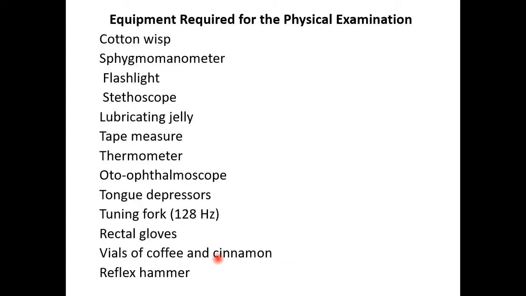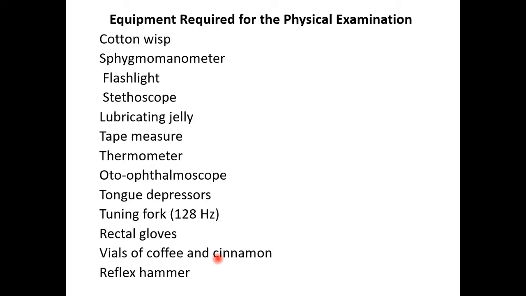You need some equipment, as I mentioned before. You need a cotton swab, a sphygmomanometer to measure the blood pressure, a flashlight for doing a light reflex, stethoscope, lubricating jelly, tape measure, thermometer, auto-ophthalmoscope, tongue depressor, tuning fork, rectal gloves, vials of coffee and cinnamon.